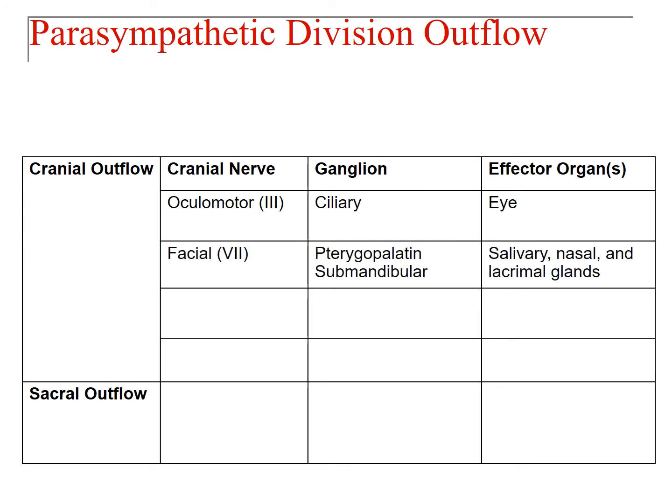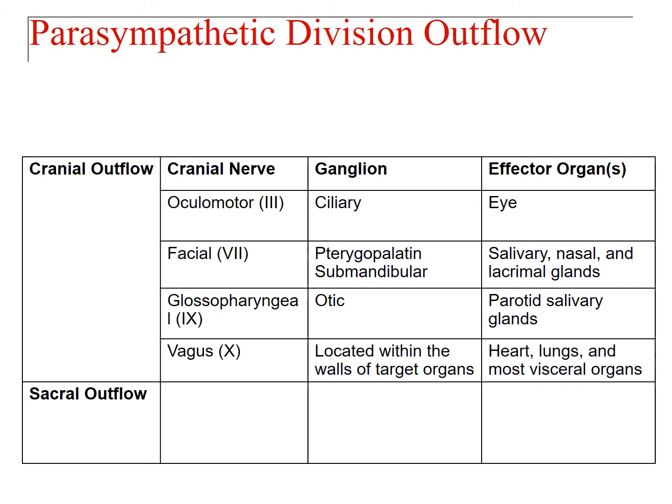The facial nerve is going to send preganglionic fibers to the pterygopalatine and submandibular ganglia, and the effector organs here are going to be salivary, nasal, and lacrimal glands. The glossopharyngeal nerve will send signals to the otic ganglion, which will control the parotid salivary gland. So preganglionic fiber to the otic ganglion, postganglionic fiber to the parotid salivary glands.